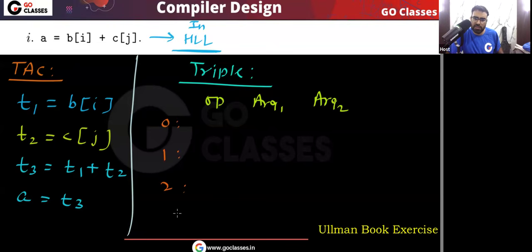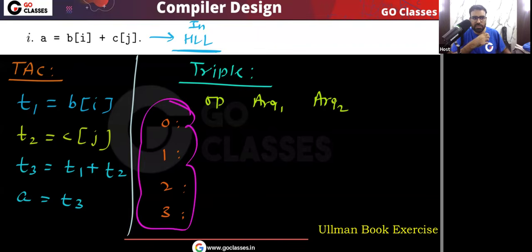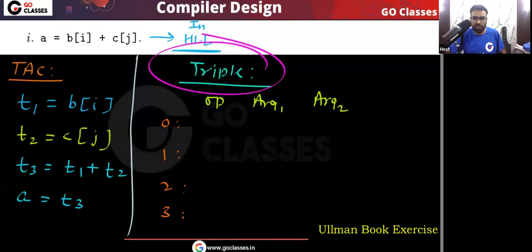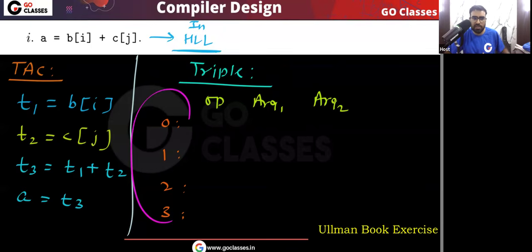Whenever you need to refer to the result of some previous operation in the triple representation, you refer to it by the position number. And a small thing: the temporary variables that you generate are also numbered from 0 onwards.